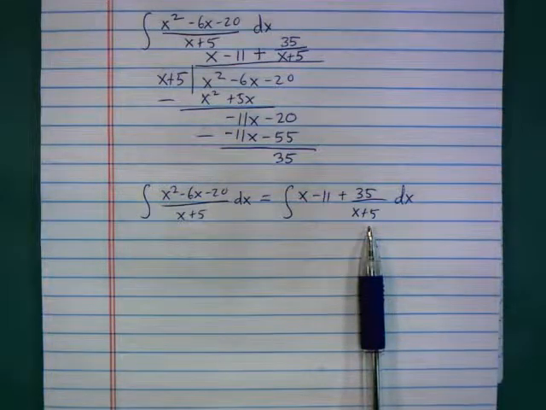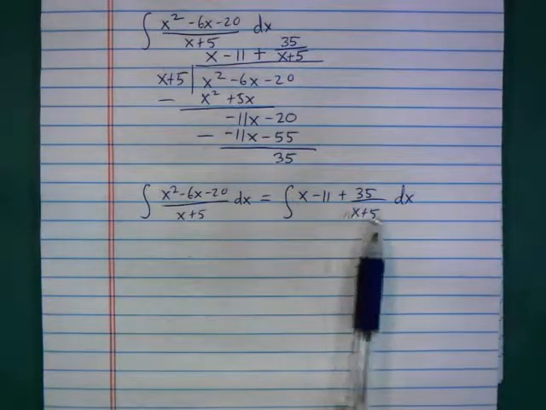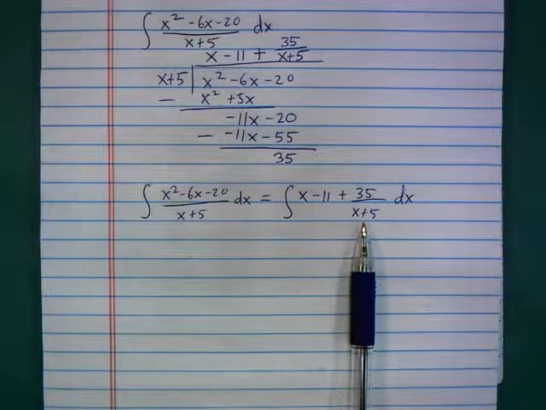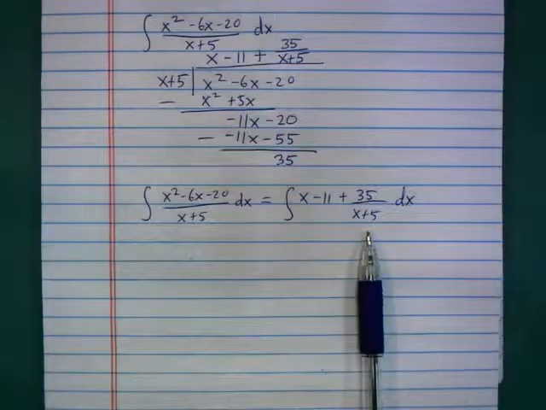But now notice this u substitution is a lot less complicated. U is going to be x plus 5, and du is going to be 1 dx, so you're just going to end up with 35 over u. What's the antiderivative of 35 over u? 35 ln absolute value of u.